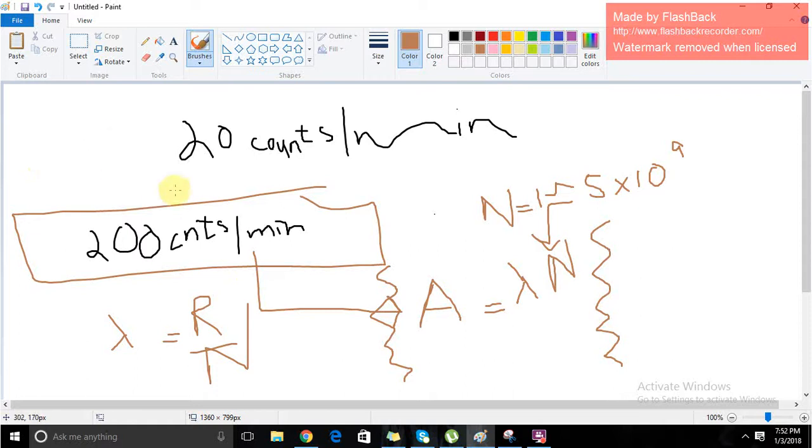If we use minutes, the value of lambda would similarly be per minute. And as I said, the activity of a sample is proportional to the number of undecayed nuclei, and is also proportional to R.